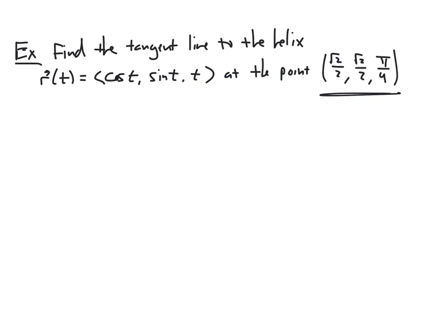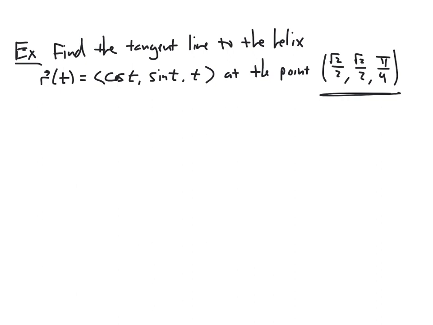Now, before we do that, let's look a little bit at this point. I've been given a point on the curve, and eventually what I'm going to need to do is evaluate the derivative vector function, r prime of t, at a t value that corresponds to this point. So one thing we need to observe at some point is what t value gives us this particular point, square root of 2 over 2, square root of 2 over 2, and pi over 4.